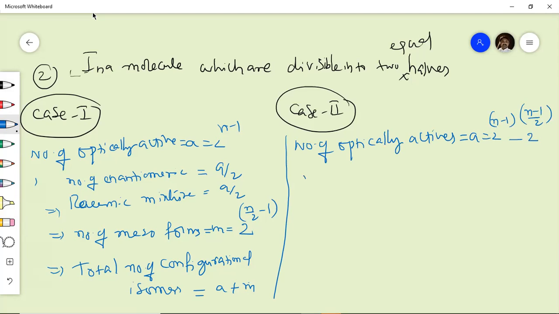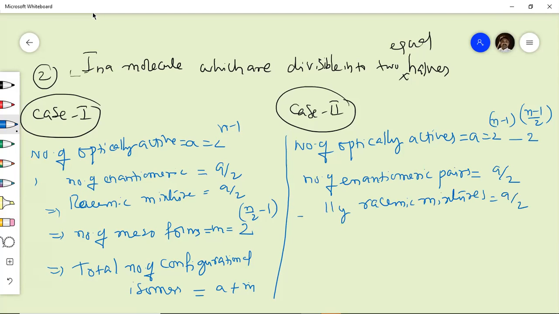Here the number of enantiomeric pairs is given as A by 2, whereas the number of racemic mixtures is also given as A by 2.